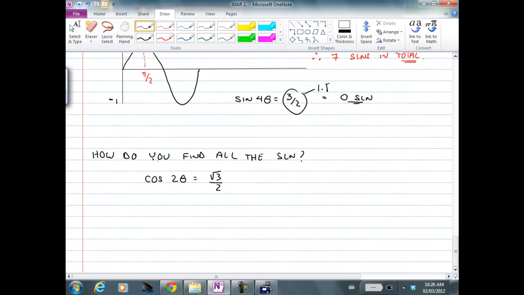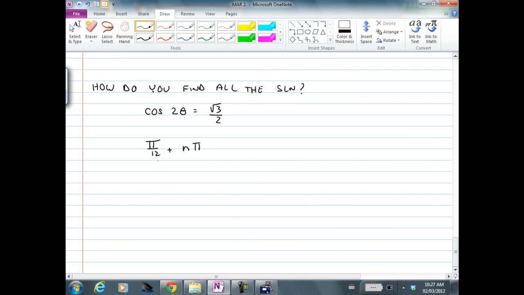So my general solution was pi by 12 plus n period, which is pi. My second general solution was 11 pi by 12 plus n pi. I know I have 4 solutions total. That's what I know for sure from looking at my graph. So these are my 2 solutions, 1 and 2. Somehow I have to have another 2 solutions.